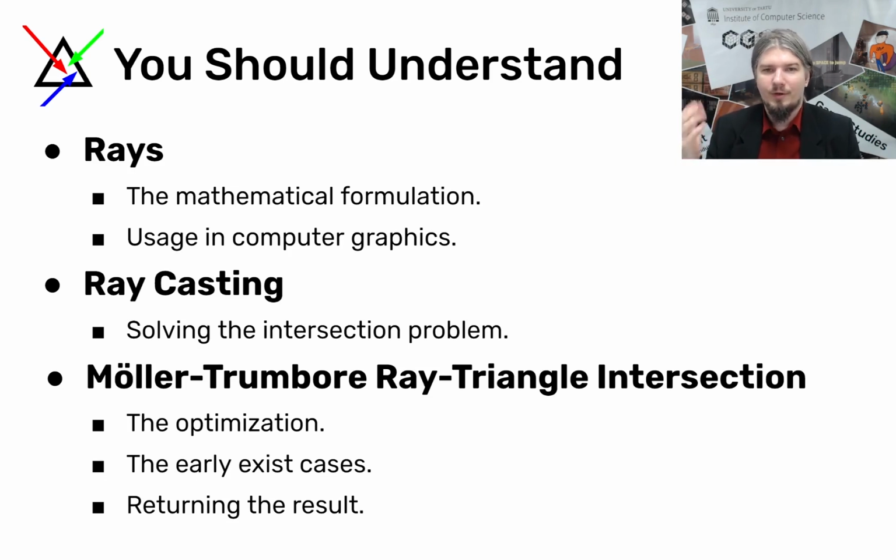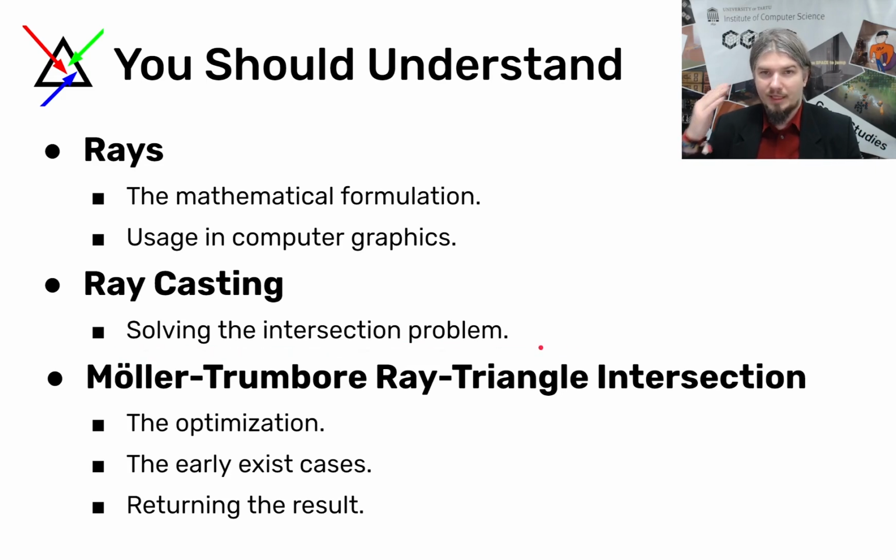Or if you have a shooter game and you shoot a gun and the bullet travels in a straight line, then you can see what it hits in the scene. So anytime you want to know if some object in the scene or the scene itself is close by in some direction, then you can use raycasting. Raycasting is basically just solving the intersection problem.